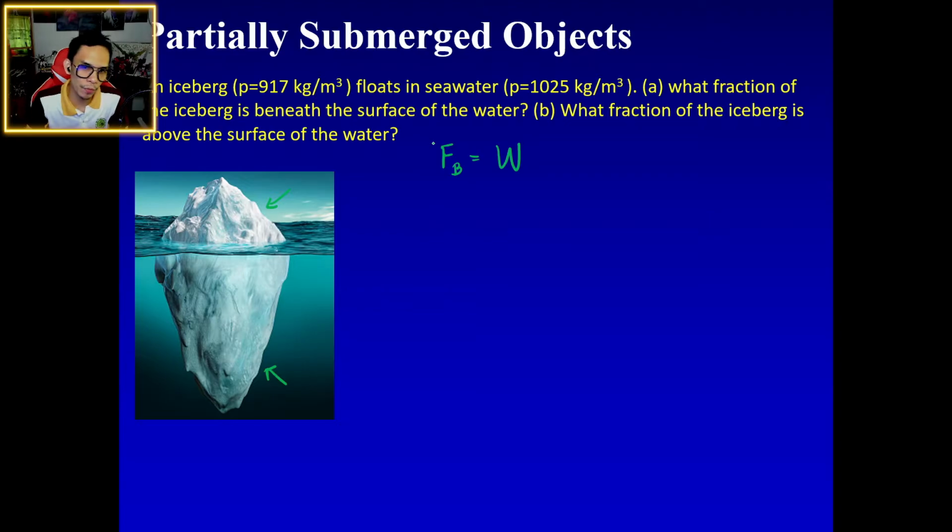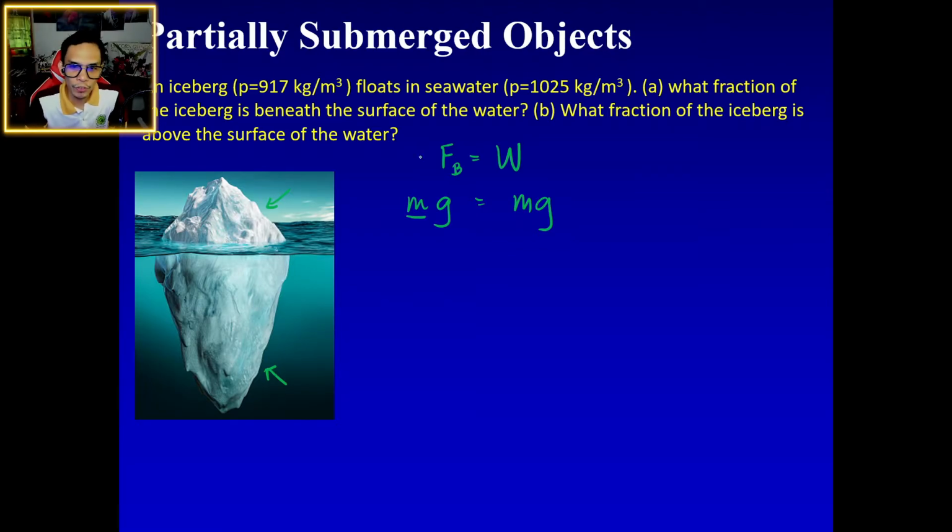We compute it as mass times the acceleration due to gravity, and also the weight that we have on the other side. In terms of the mass, we have the mass of the fluid and the mass of the object as a whole.